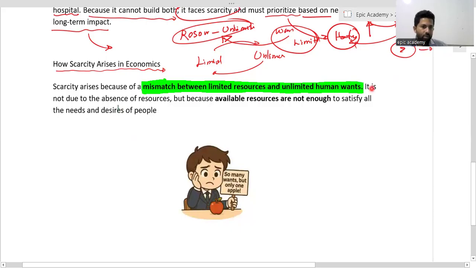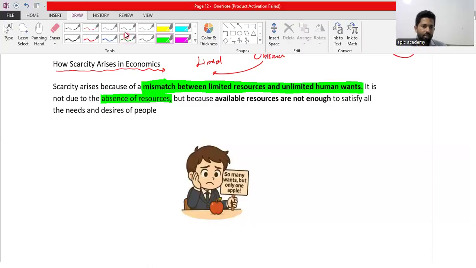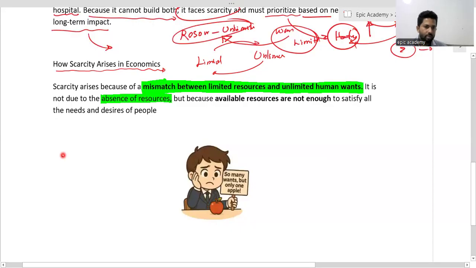It is not due to the absence of resources. Here, we are not going to discuss the absence of resources. Absence means there are no resources.